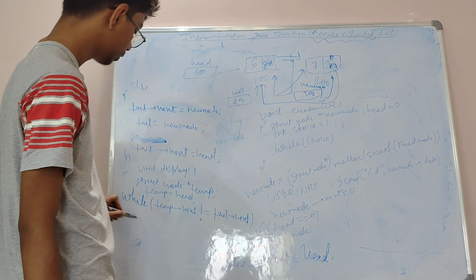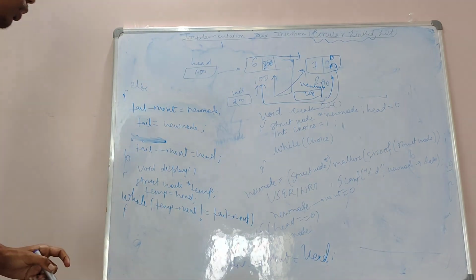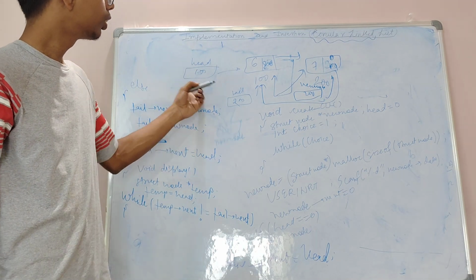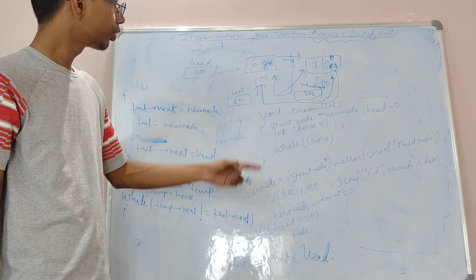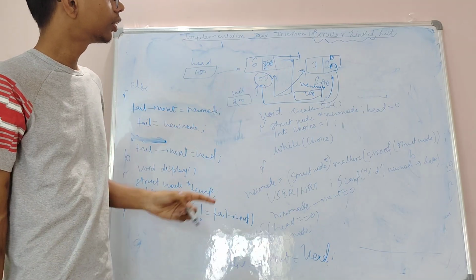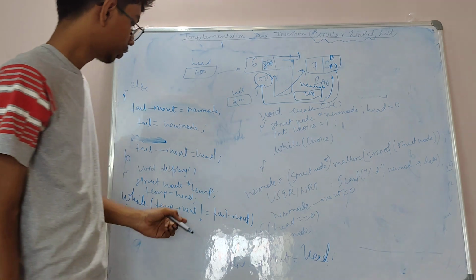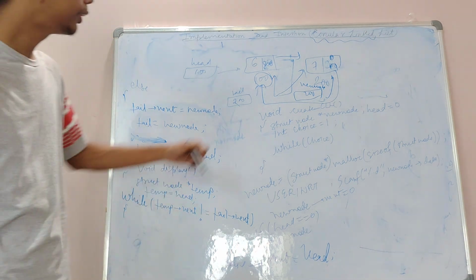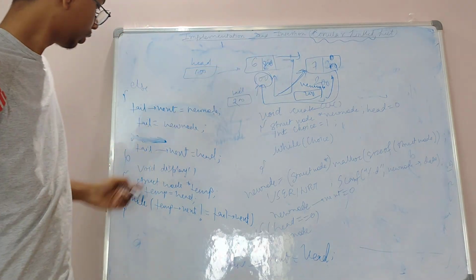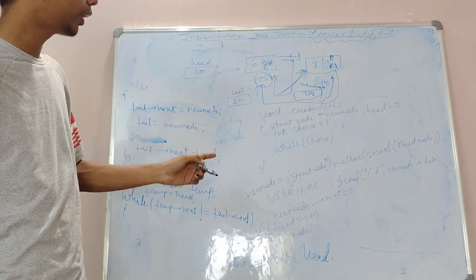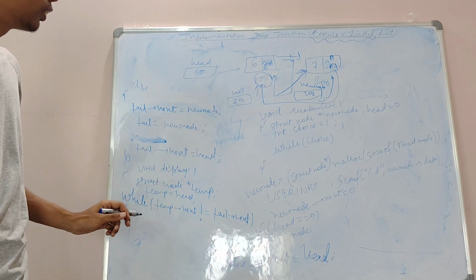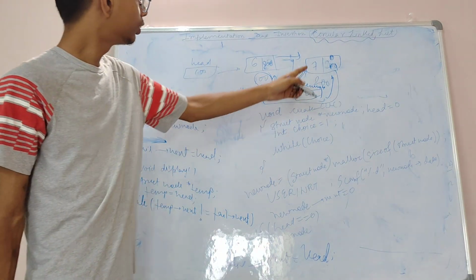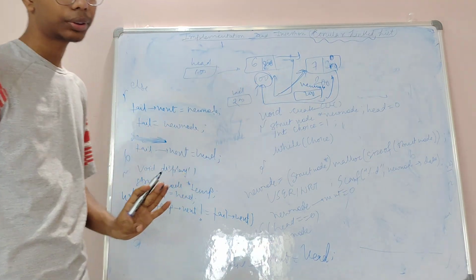Tail of next means the address of head. So until then, my temp will point here one at a time, and once it gets the address of the first value, it will stop.